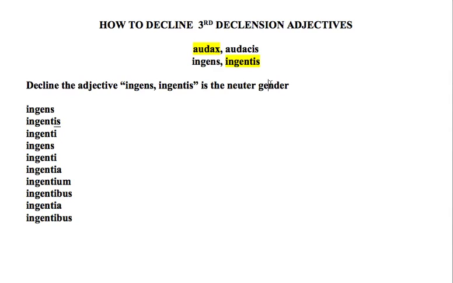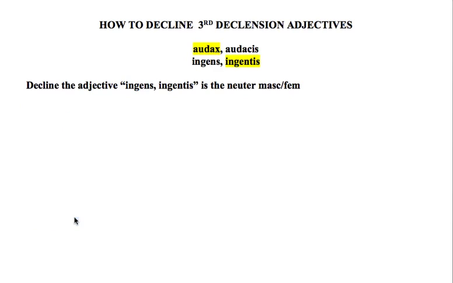Let's switch the gender now and try it in the masculine or feminine, because it will look exactly the same. Remember that with a third declension adjective or noun, the masculine and feminine forms look the same. So we begin by writing the nominative form, and because this is a single termination adjective, the nominative singular for the masculine and feminine looks exactly the same as the nominative singular for the neuter.